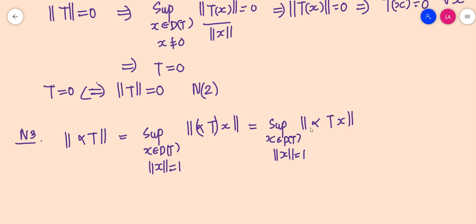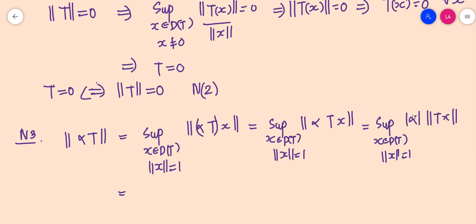Now use the properties of norm. This is equal to the supremum over x in D(T), norm x equal to 1, of modulus of alpha into norm T x, using the property of norm.